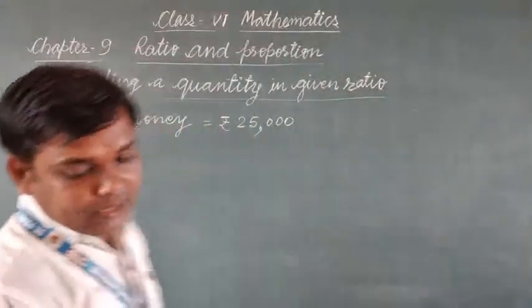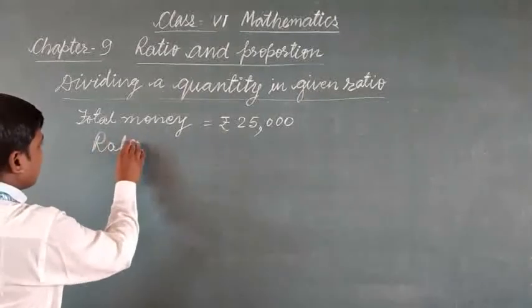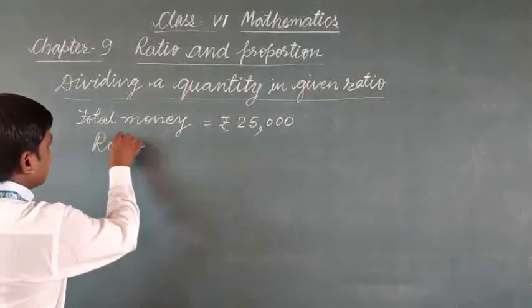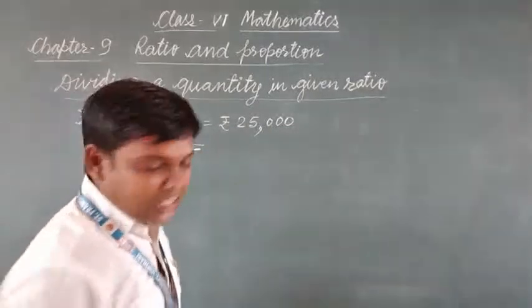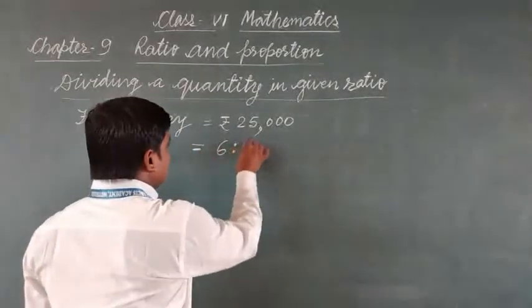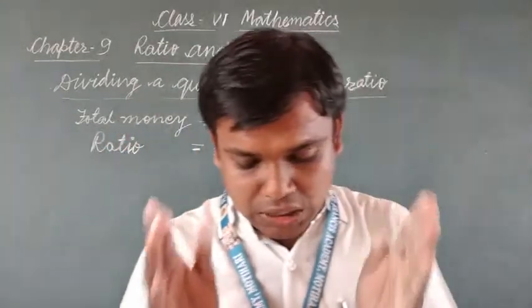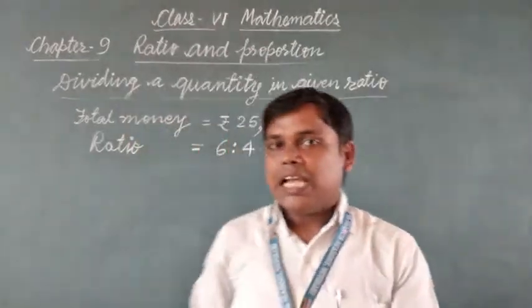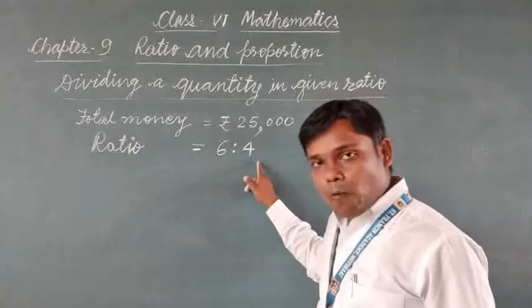The ratio is also given: 6:4, son to daughter. If the son is getting 6, then the daughter is getting 4.